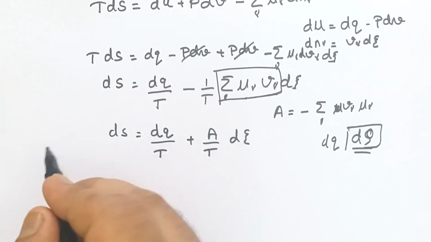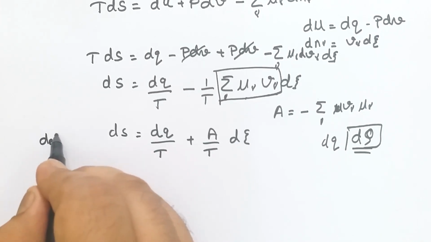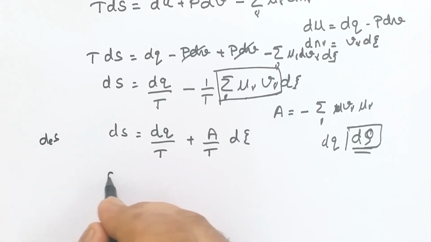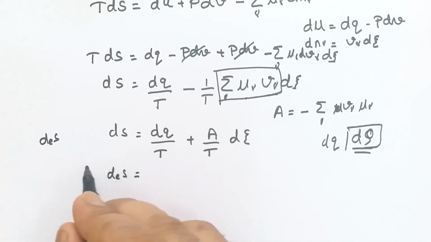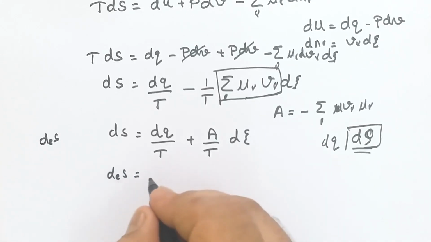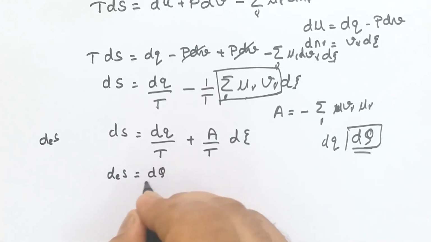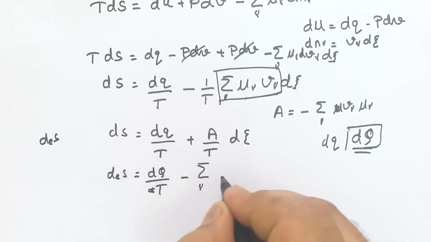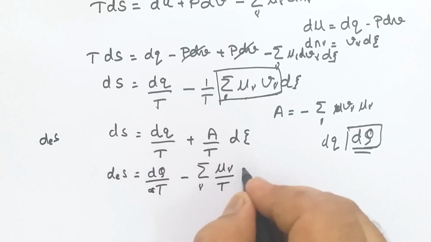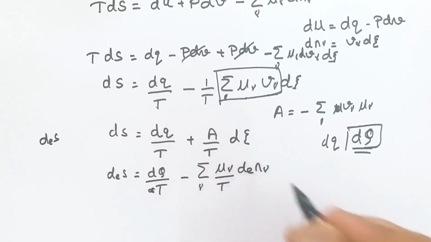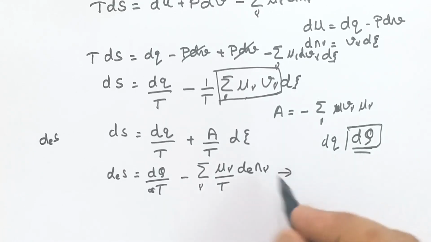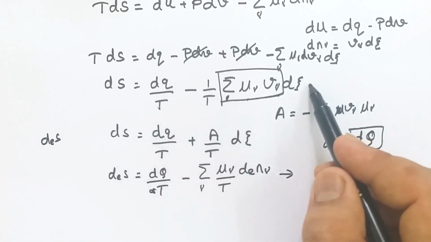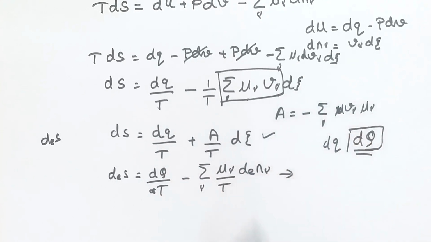we have seen in our previous lecture that when the entropy is exchanged with the surroundings, it is written as d_eS. So the change in entropy which is taking place due to the exchange, d_eS, we can write as d phi upon T minus summation of gamma mu gamma upon T and then d_e n gamma. So this will be the expression. Now further, we will substitute this expression into the previous expression.